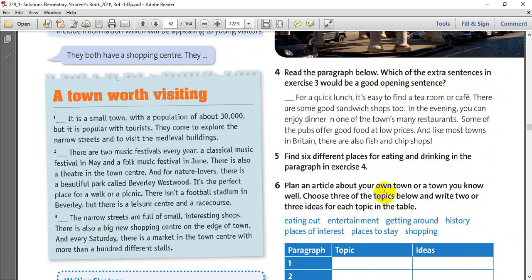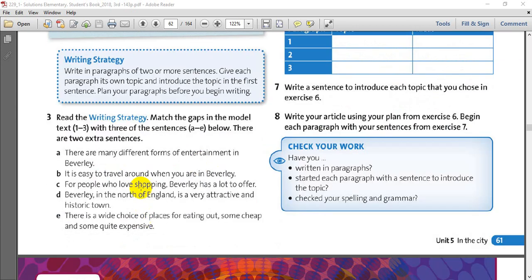An opening sentence is the first sentence of the paragraph. We had 2 extra sentences: B, it's easy to travel around when you are in Beverly, and E, there is a wide choice of places for eating out, some cheap and some quite expensive.